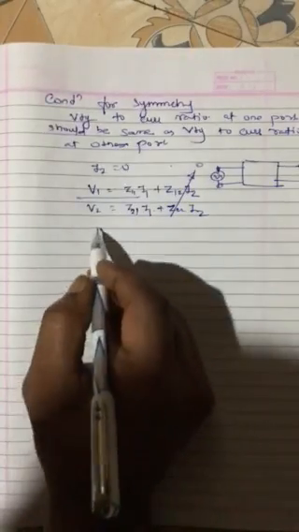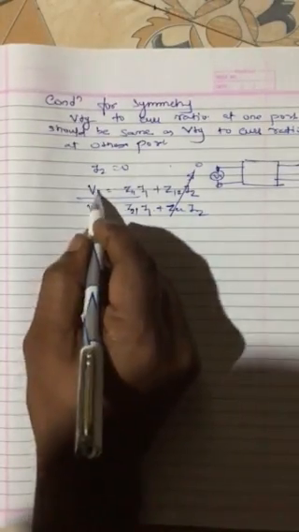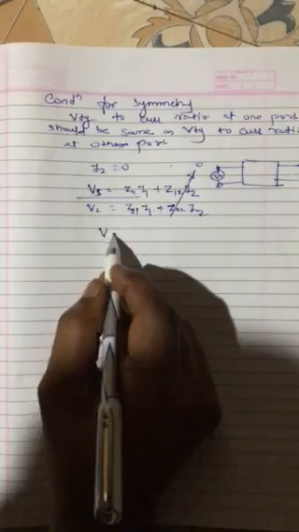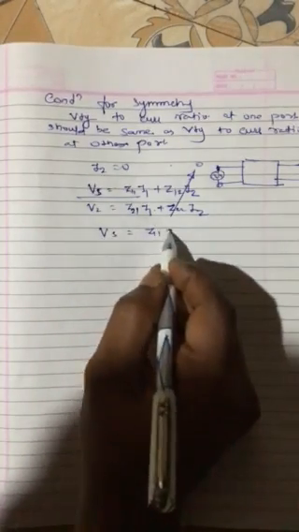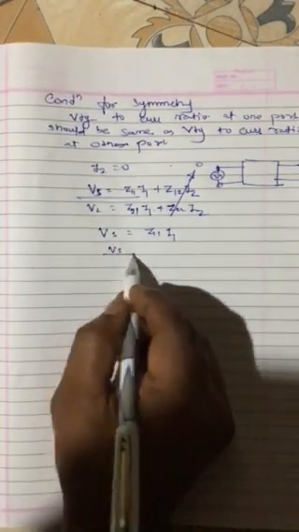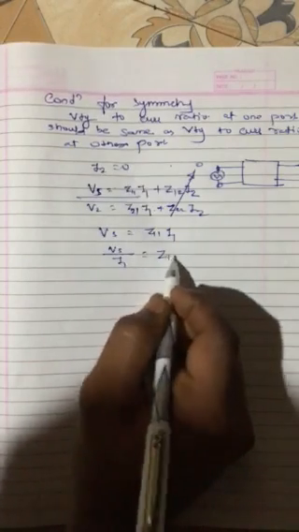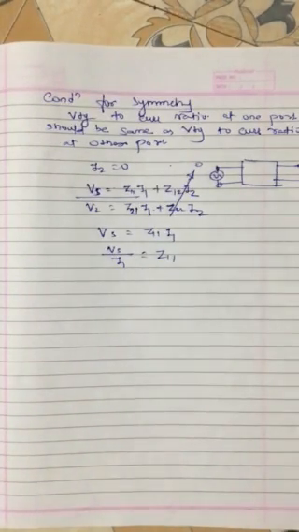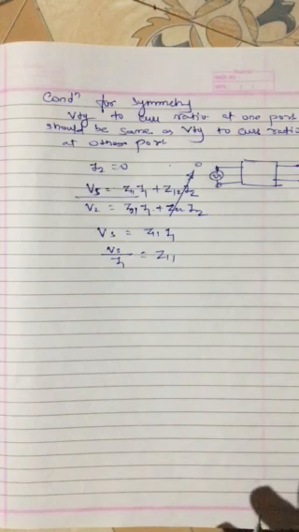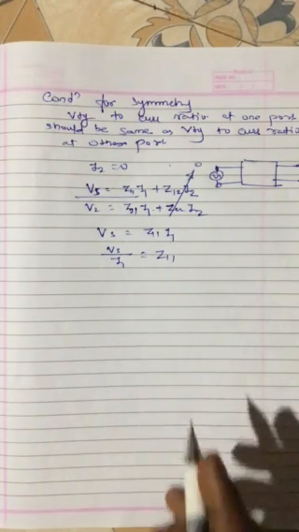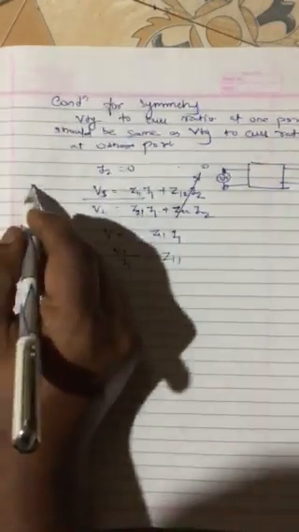The output port is open circuit, I2 is 0, so these terms become 0. From the first equation, V1 is nothing but Vs, right, Vs equals Z11 I1, so Vs upon I1 equals Z11. We found it earlier, but now I am explaining from another point of view. So Vs upon I1 equals Z11. This is case 1.